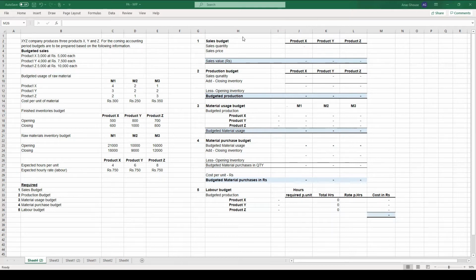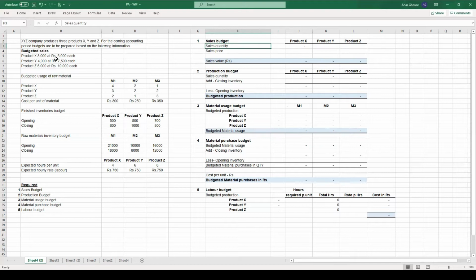Now we'll try to calculate the sales budget. The sales budget is really a straightforward calculation. What you need to do is take the budgeted sales quantity times the selling price, and we can determine the sales budget.